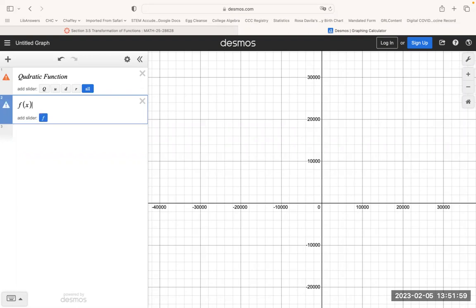Quadratic is raising it to the power 2, so f of x equals x raised to the power 2.